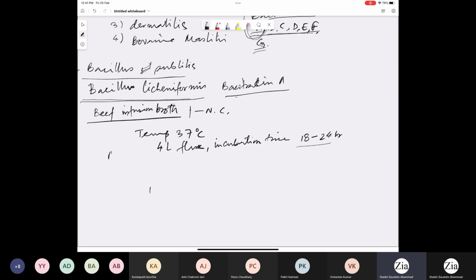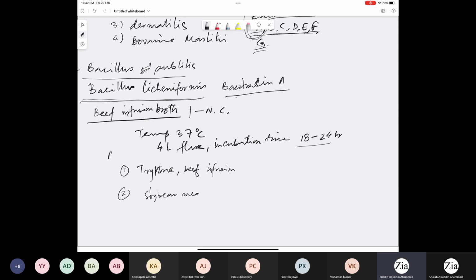So here you will have tryptone, and then that beef infusion, and you can have soybean meal, because in most cases you need to provide nitrogen as well as carbon.